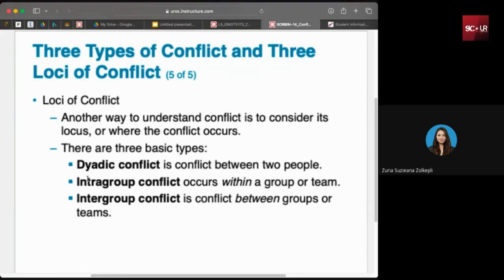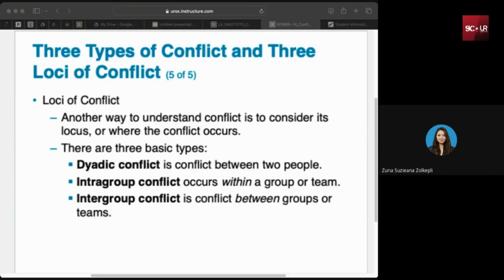Alright. Then intra-group conflict, it can occur within a group or team. Within group or team maksudnya you are a part of a team, so maybe there is some conflict. It is more than two people.